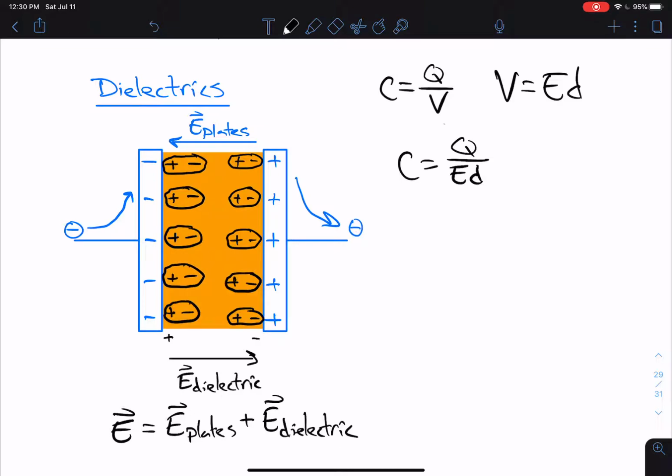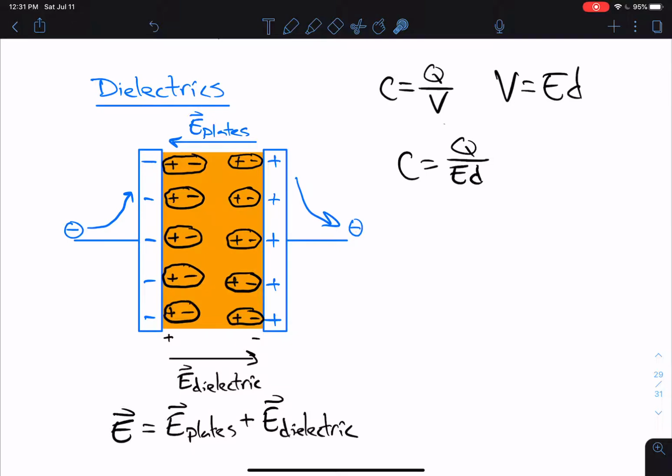Now, if there's no dielectric, then it's just E of the plates. But if you do have a dielectric, you've got to take it into account as well. And you can see that these two electric fields are anti-parallel. And so when you add them together, that's going to make the overall electric field less than it would be if there was no dielectric.